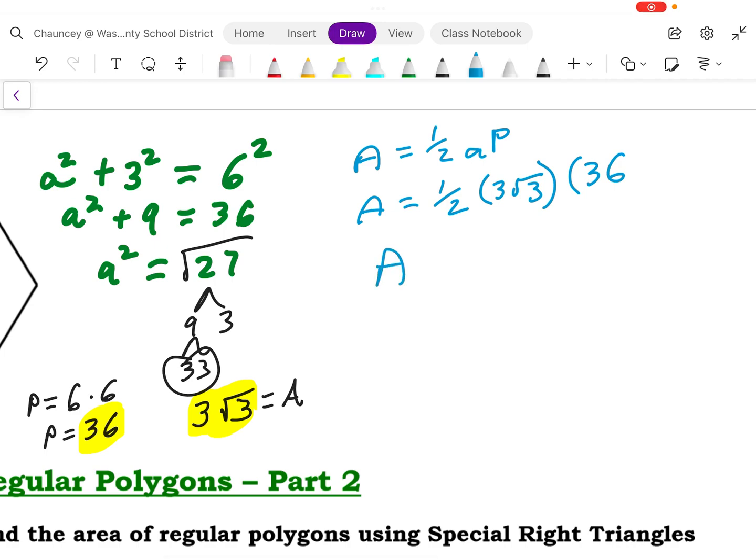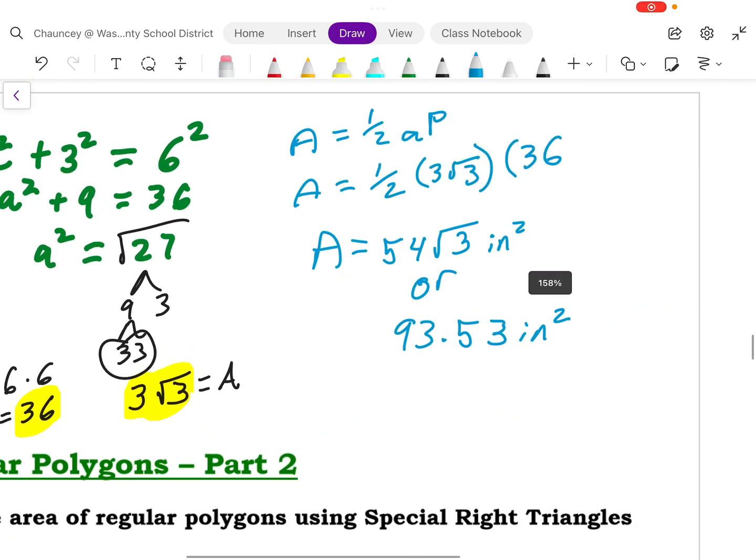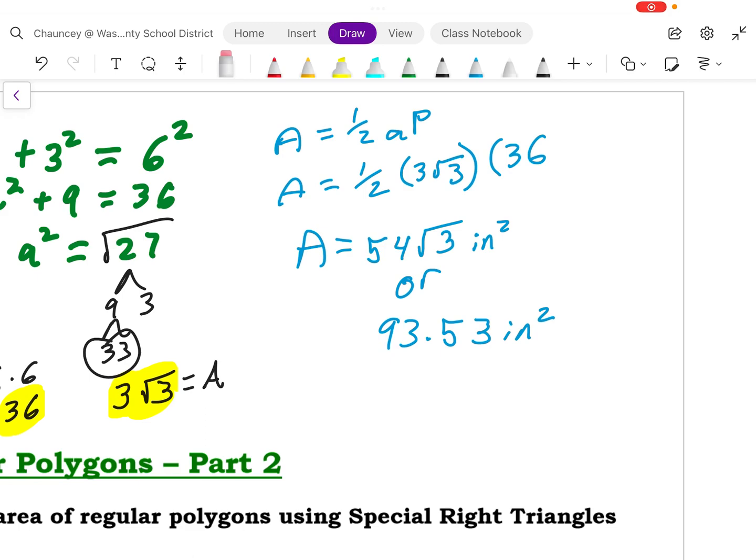And if you plug that in, you will get 54 radical 3 centimeters squared. Or you would get 93.53 centimeters squared. And that's it.